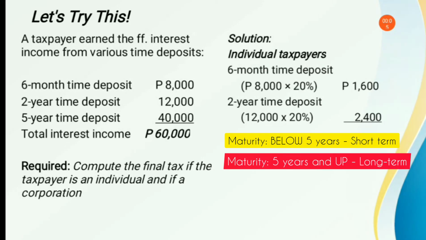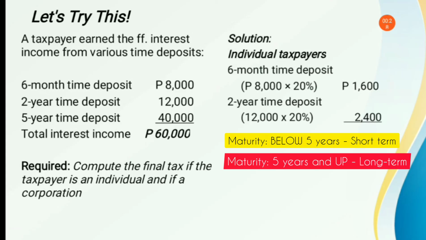So 20% of 12,000, that is 2,400 pesos. And then lastly, we have the interest income from a 5-year time deposit, which is 40,000 pesos. Okay. 5-year time deposit. Is it short term or long term? Of course, this is long term kasi yung maturity period ng long term deposits is 5 years and up. And then this one here is a 5-year.